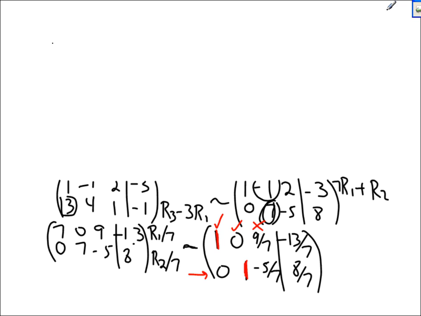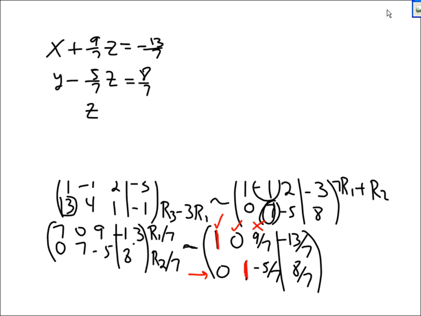Now, that first line says that 1x plus 9 over 7z is negative 13 over 7. The second line says that y minus 5 over 7z is equal to 8 over 7. There is no third line. But the third equation is z is t.